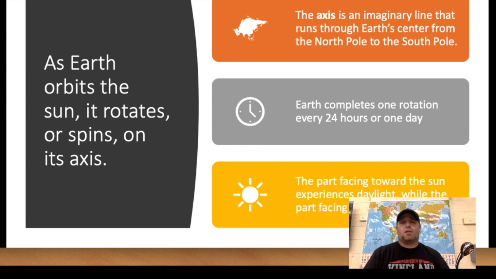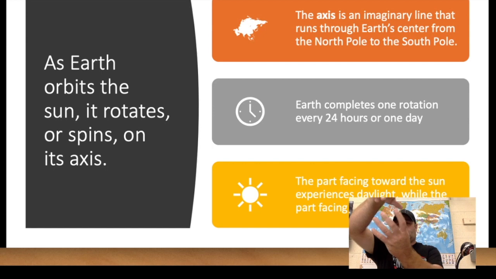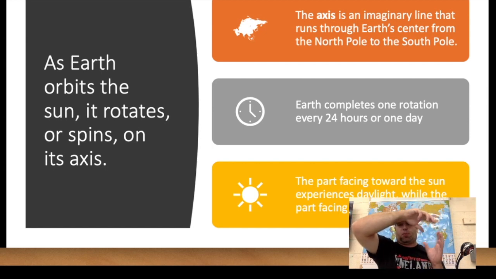Earth completes one rotation every 24 hours or 1 day, okay? So this isn't revolution around the sun. This is one rotation, okay? So it's the spinning of the Earth, okay? So the Earth will spin as it rotates around the sun, okay? So the spin is what we're talking about, okay?